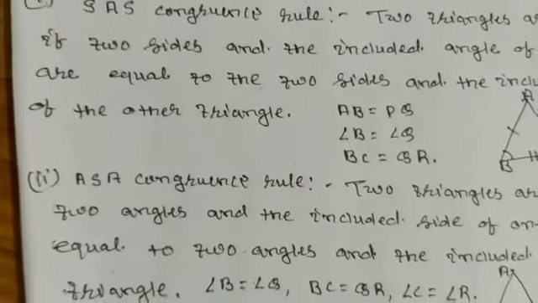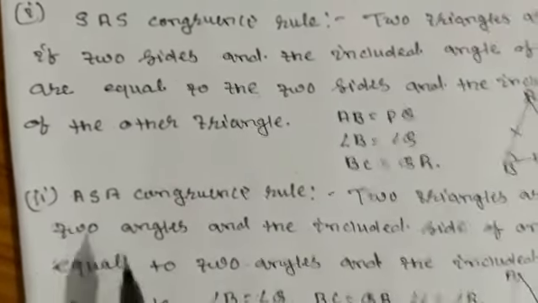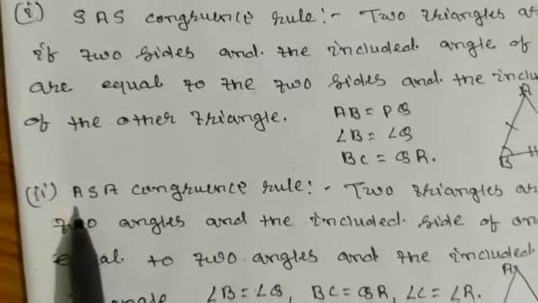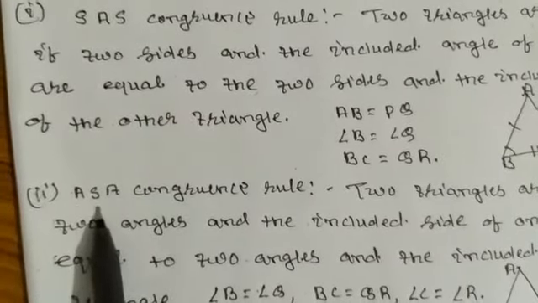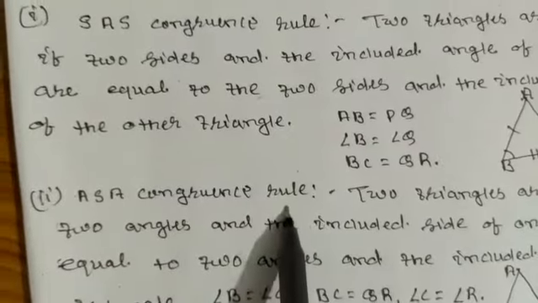Now the second congruence rule is ASA. Here A represents angle, S represents side, and again A represents angle.